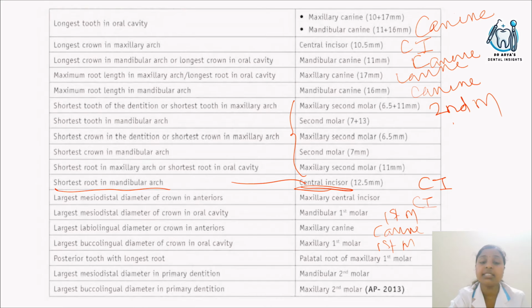Okay, so the largest mesiodistal diameter of crown in the oral cavity is the mandibular first molar, and the largest buccolingual diameter is the maxillary first molar. Then the posterior tooth with the longest root is the palatal root of the maxillary first molar. The largest mesiodistal diameter in primary dentition is the mandibular second molar, and the largest buccolingual diameter in primary dentition is the maxillary second molar.